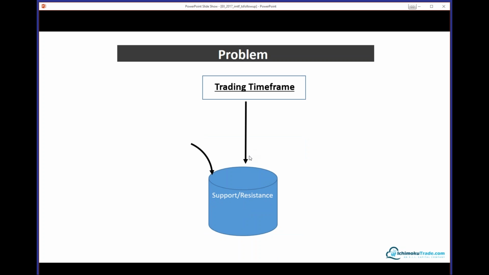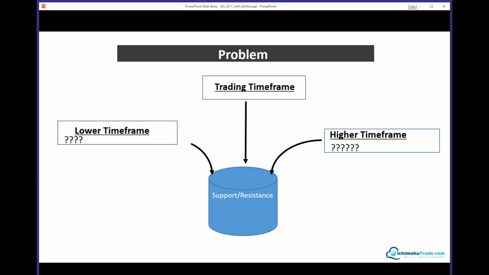But the key problem a lot of people have in trying to find key support resistance values is that you have a trading time frame and you look at that particular time frame based on your technical analysis, whether it be moving averages, Ichimoku, RSIs, Bollinger Bands, or pivots. It doesn't matter. Based on your technical analysis, you find the key support resistance values for that particular time frame. A lot of traders don't look at the higher or lower, and if they do, they start getting confused.